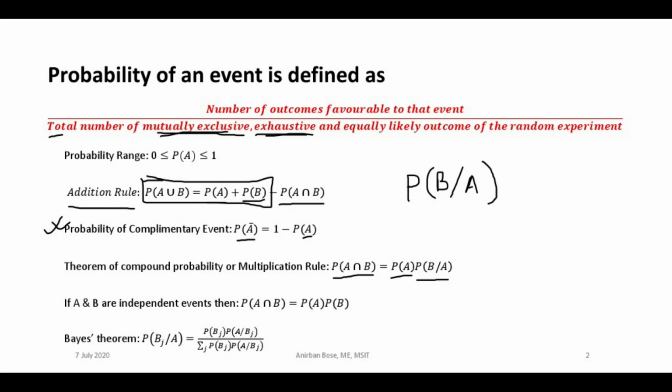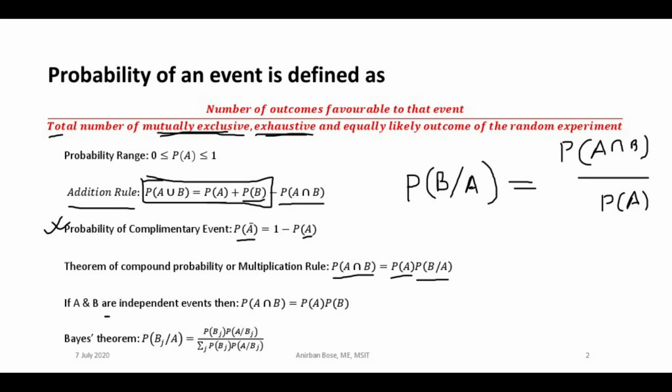This is the meaning of this symbol: B given A means you have to find the probability of an event, say B, when it is known that A has already occurred. This is also called the conditional probability. Conditional probability of B given A can be defined from the multiplication rule as probability of A intersection B divided by probability of A. This is again a very important rule.